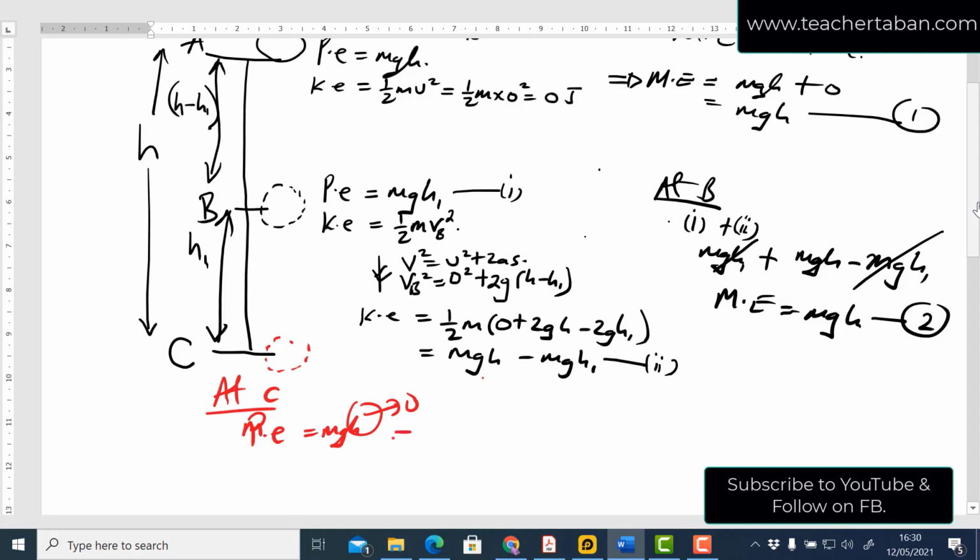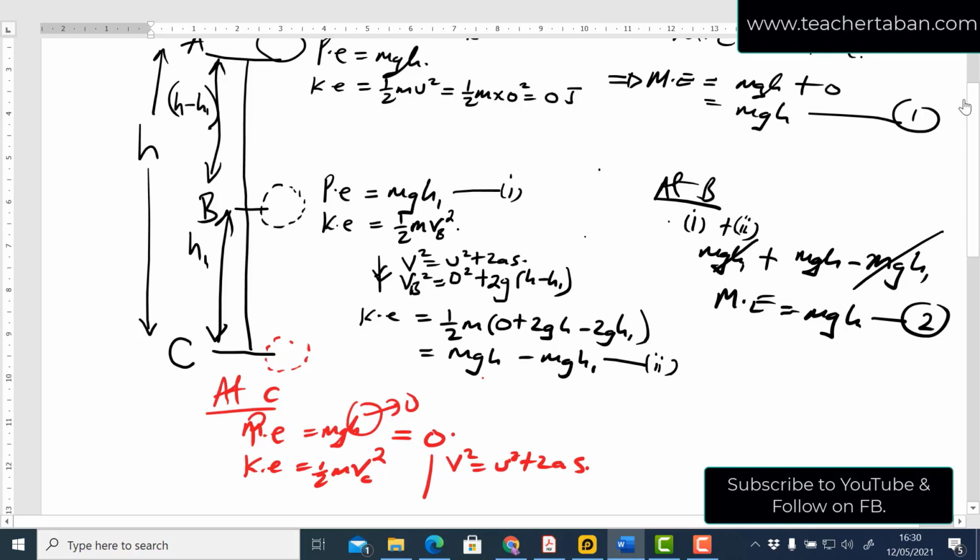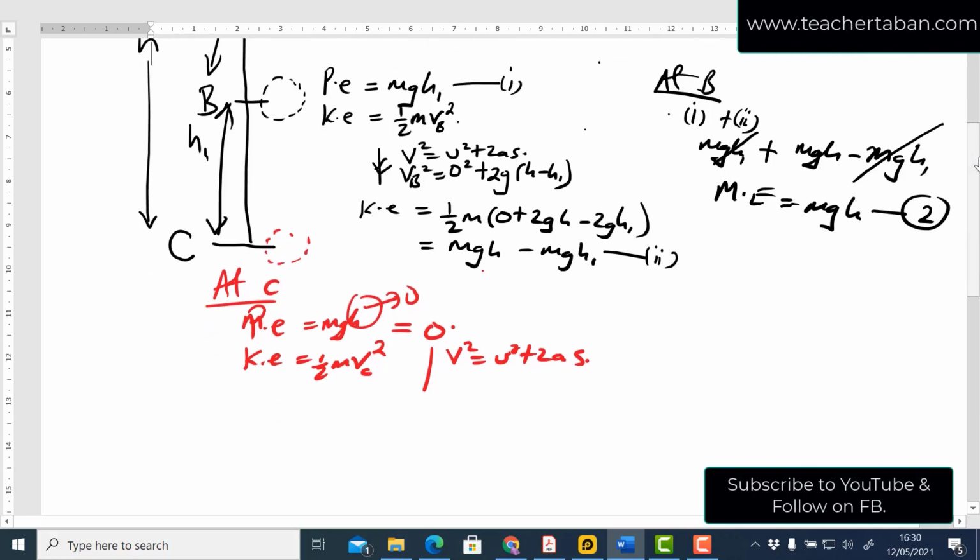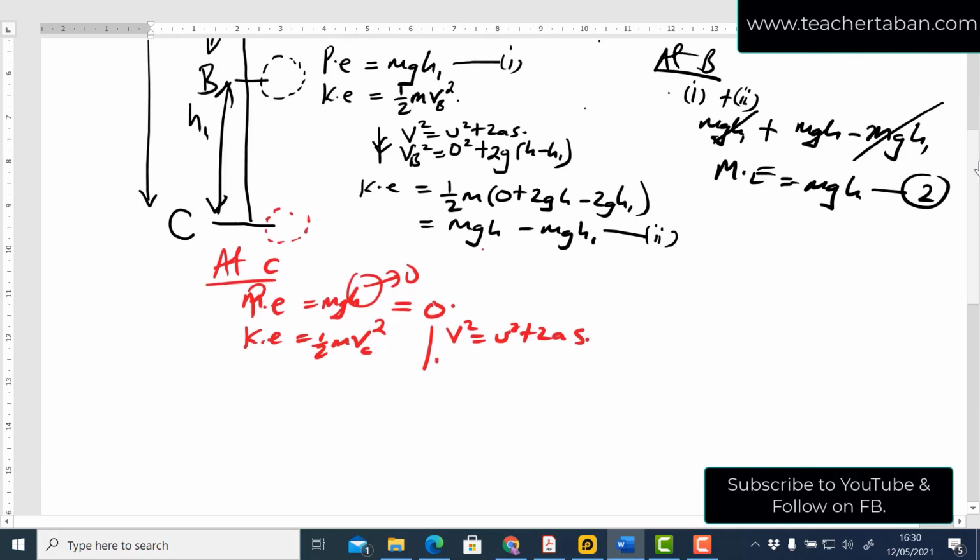So our potential energy is 0, and our kinetic energy is equal to half mv squared at C. But remember, from the third equation, v squared is equal to u squared plus 2as. The velocity at point C, when you square that, the initial velocity was 0, squared, plus 2, the a is the positive g, times g, then times the height moved, that is the distance moved, that is the h.